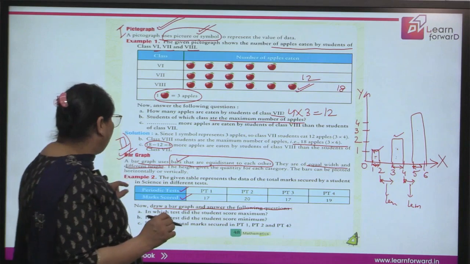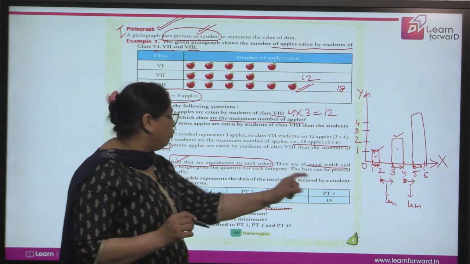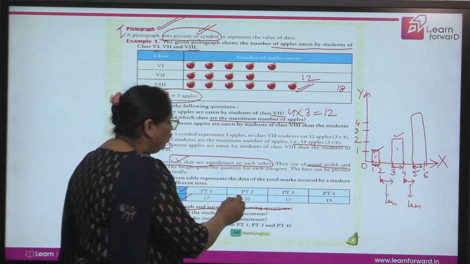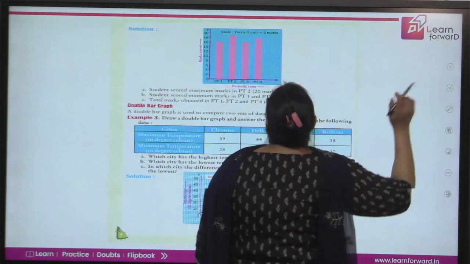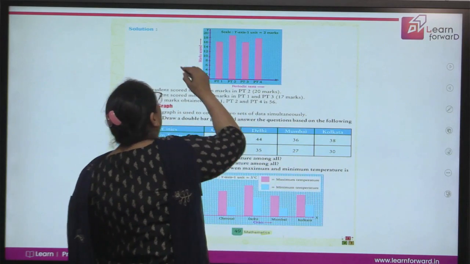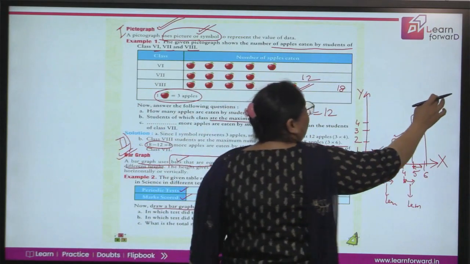Here are periodic tests 1, 2, 3 and 4, and the marks scored are 17, 20, 17 and 19. This is the bar graph we will get after representing this data.